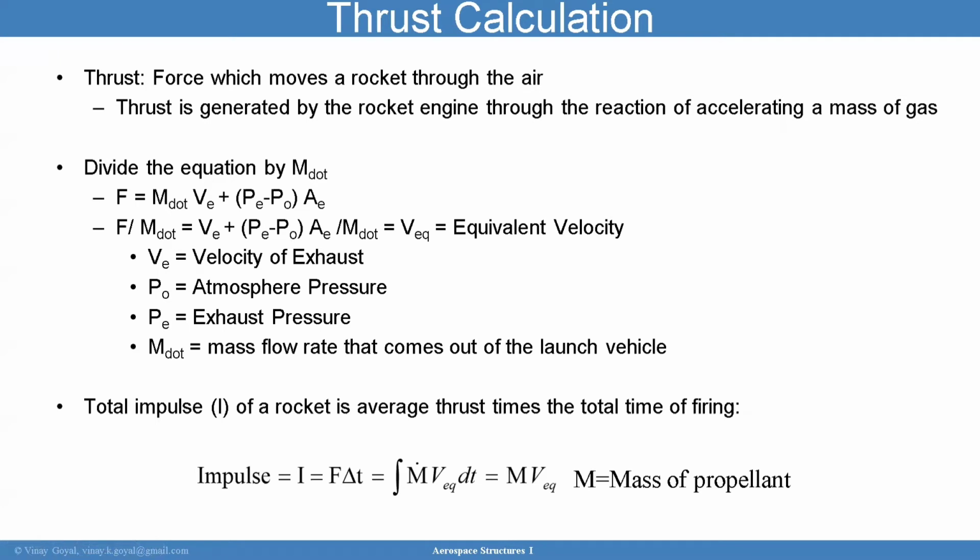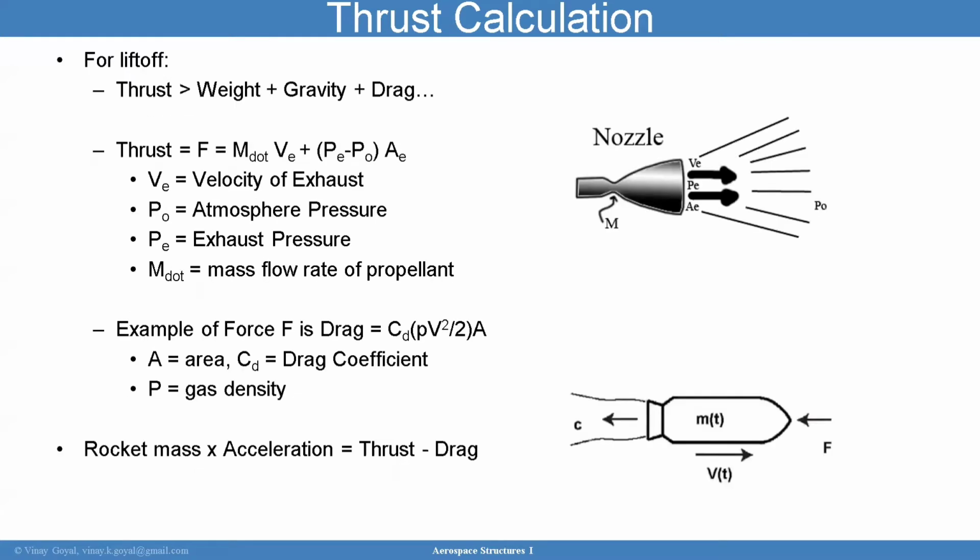The thrust calculation. Thrust is the force which moves the rocket through air. Thrust is generated by the rocket engine through the reaction of the accelerating mass of the gas. The first step is to take this equation, and let me make sure you understand it, because there are things going on here. You have the mass flow rate times the exit velocity. This is your momentum.